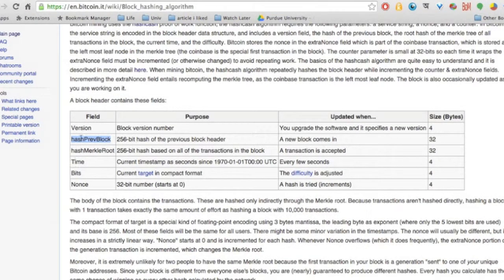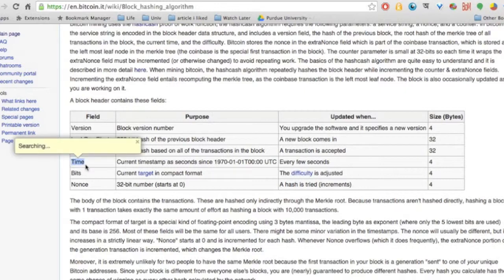So let's go through the other fields quickly. We have hash Merkle root. We'll talk later about what a Merkle tree is and how the different Merkle subtrees are combined to get the final Merkle root that gets included in the block header.